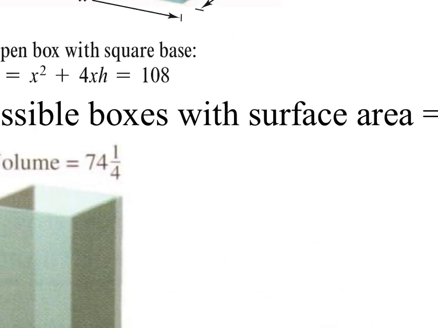So what we'll do is take this function right here, and we're going to solve it for h. So I have 108 minus x squared equals 4xh, and then I'm going to divide by 4x. So that's going to make it 27 over x minus x over 4. I decided to do it in two different parts. So that's my h.